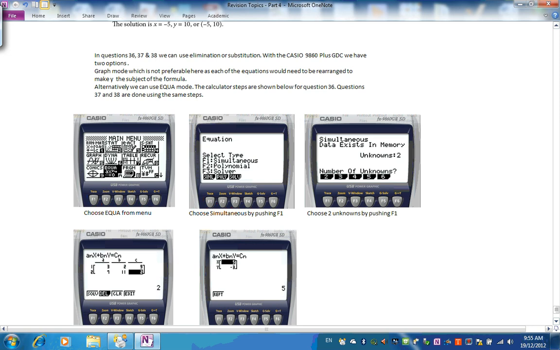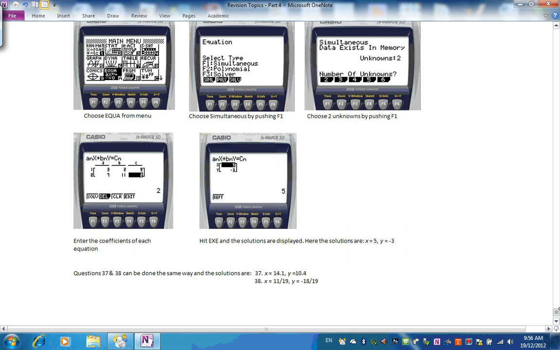In Pearson's they've actually used the TI, but I'm mentioning here a different mode on the Casio. The Casio has Equa mode, so I want you to have a look at that and make sure you're able to use that rather than the graph mode as well. So just check 36, 37 and 38.